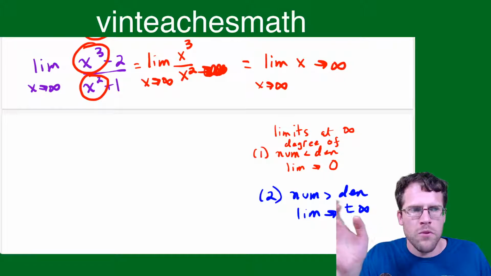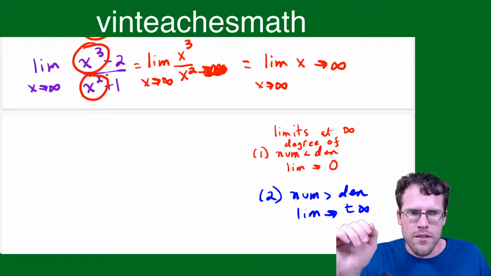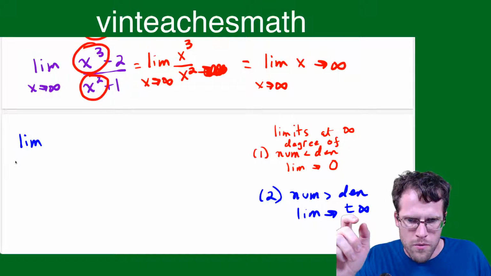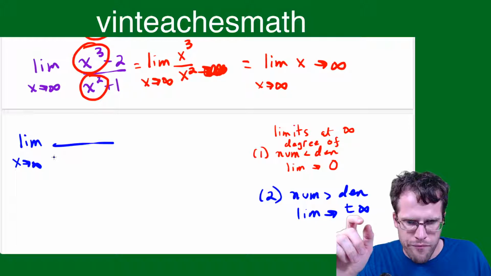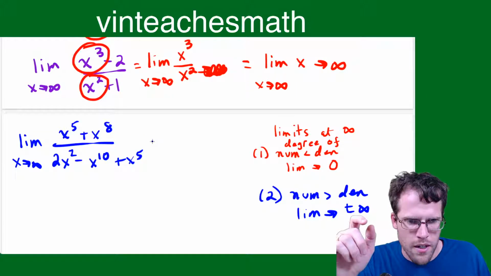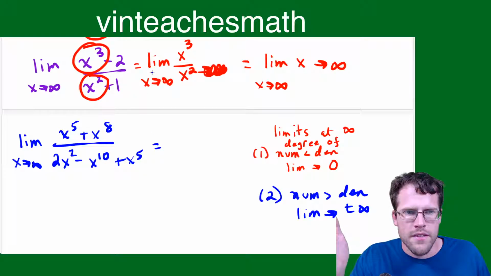But probably the most helpful idea is that when you have a messy polynomial, if we make up another one, like the limit as x goes to infinity of 2x squared minus x to the 10 plus x to the 5th over x to the 5th plus x to the 8, something in messy form, you only have to look at the leading terms.